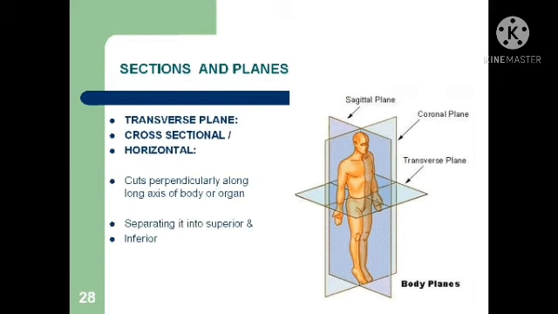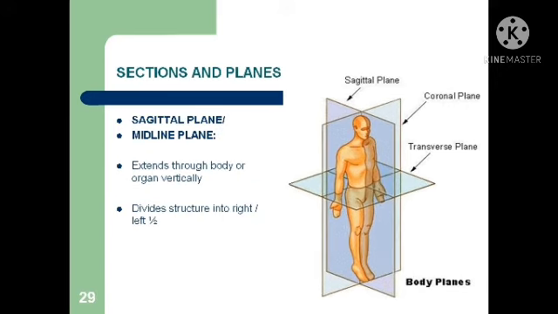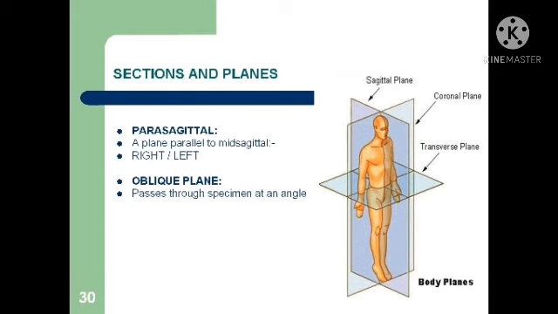The transverse plane divides the body into upper and lower parts. The sagittal plane divides the body into two equal halves, the right and the left. And the oblique plane tangentially cuts across the body.